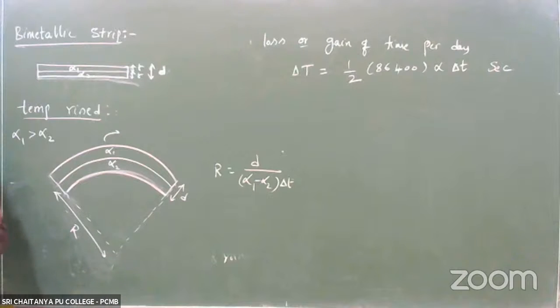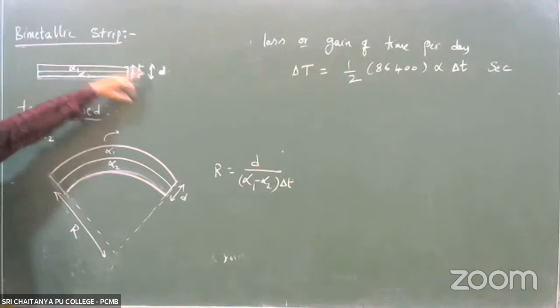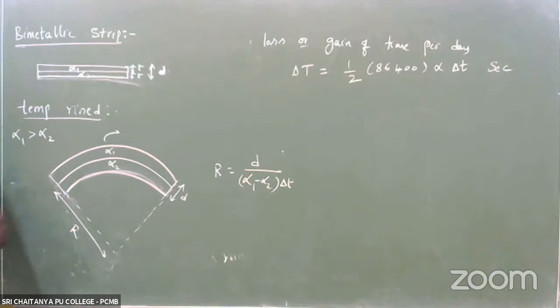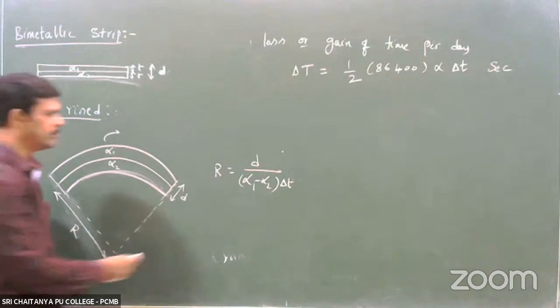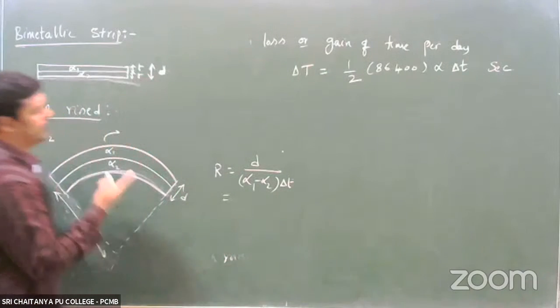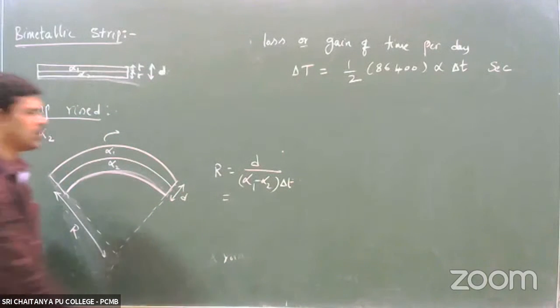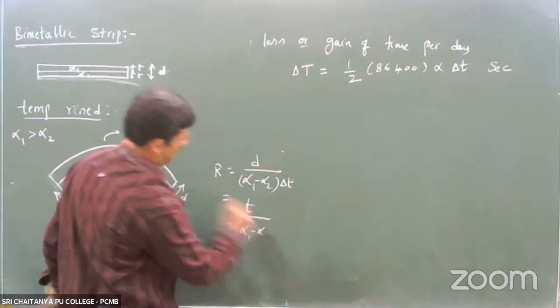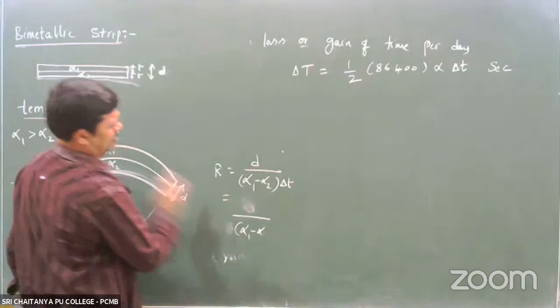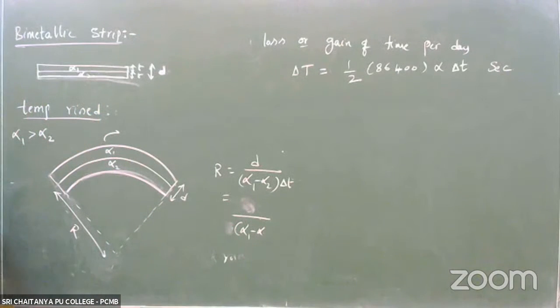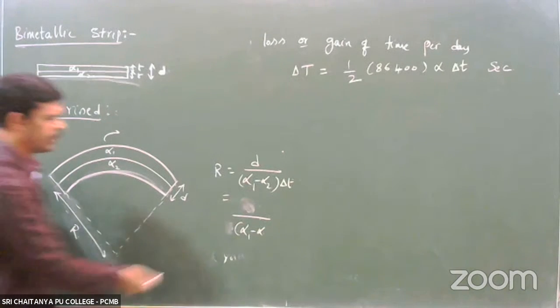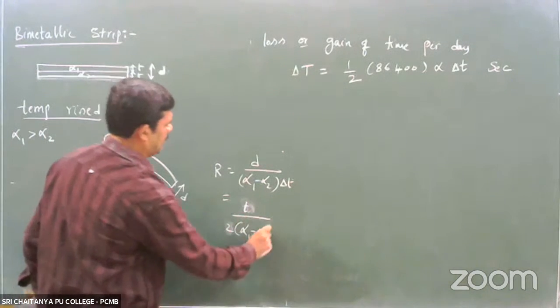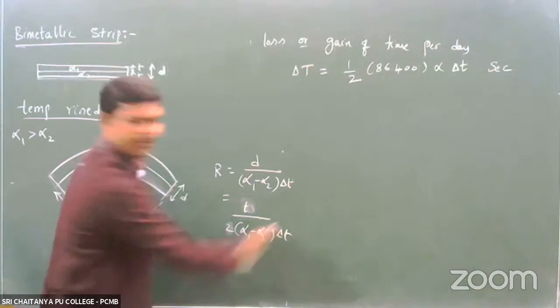If they ask the same in terms of thickness of each strip, then what happens to this? D becomes 2T. I hope that is correct.